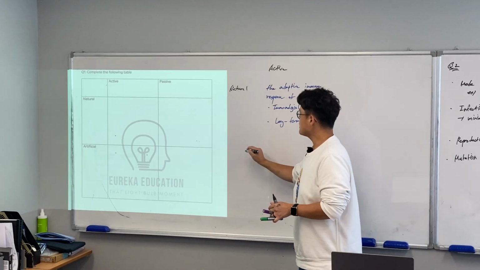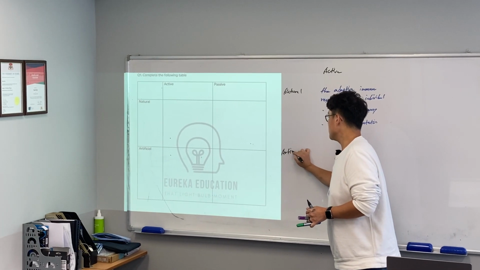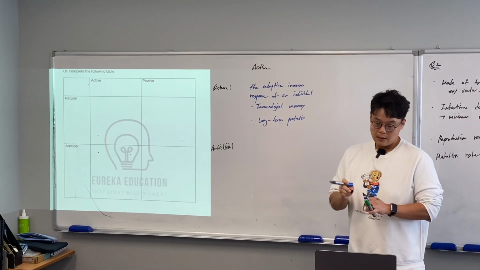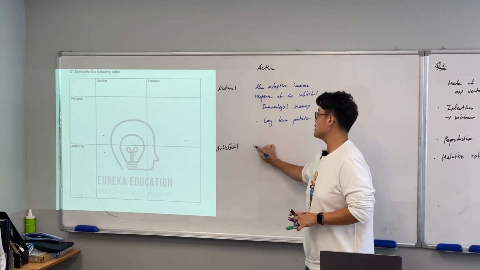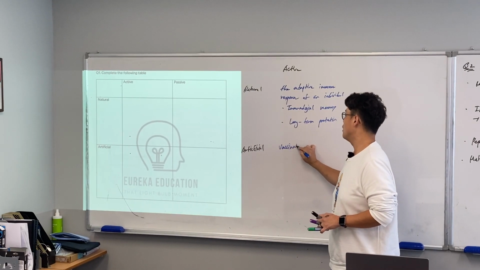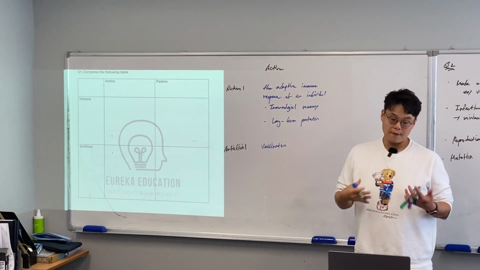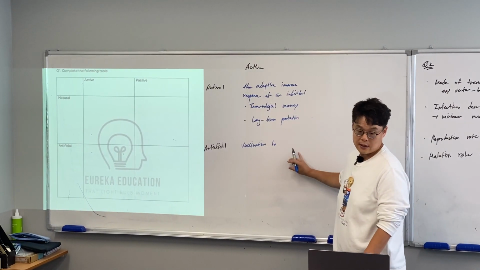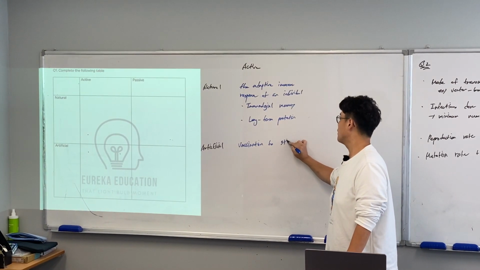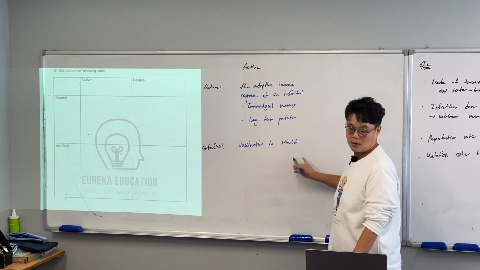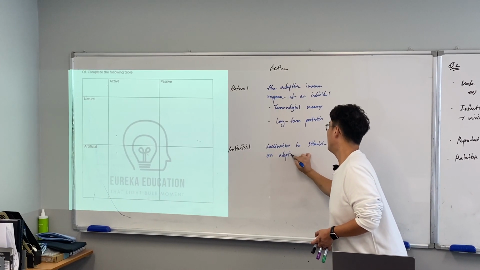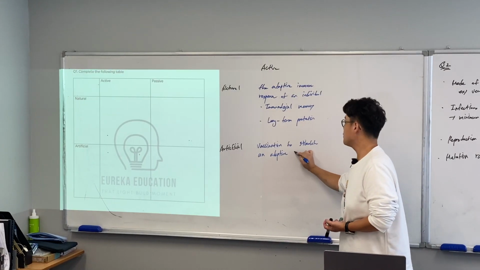Then what about artificial active immunity? This is the vaccination, where we are artificially activating your immune system. So vaccination is used to activate or stimulate an adaptive immune response.